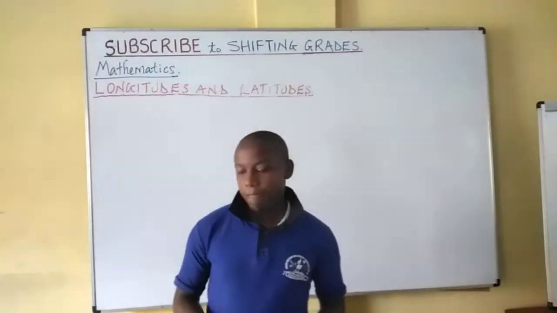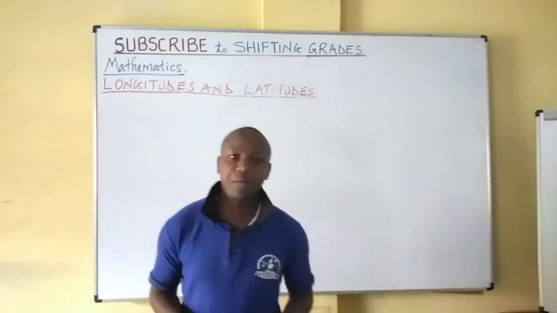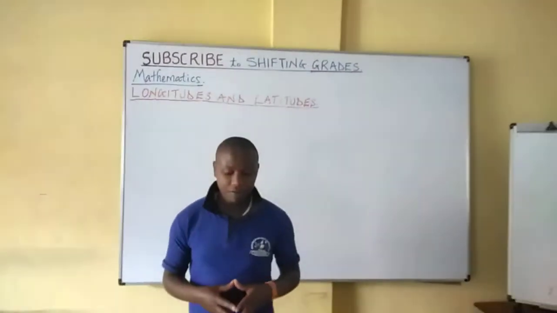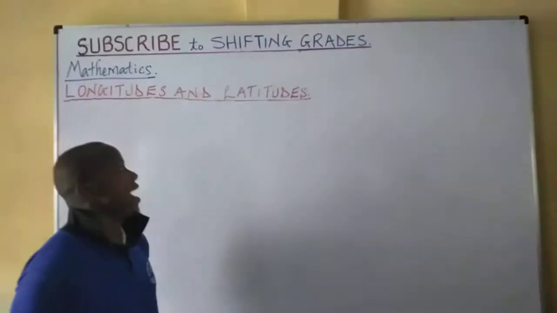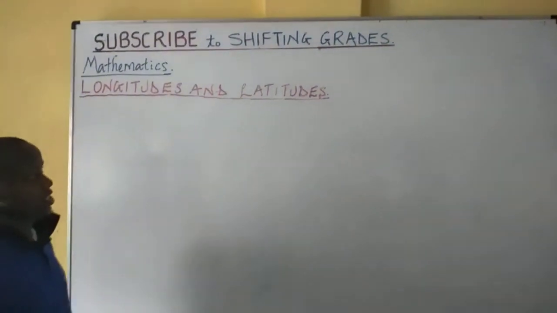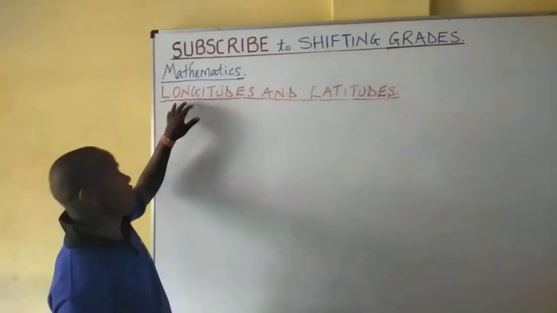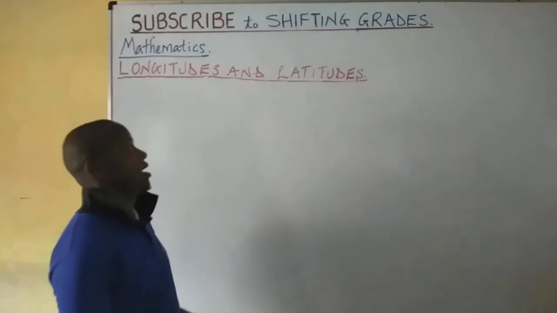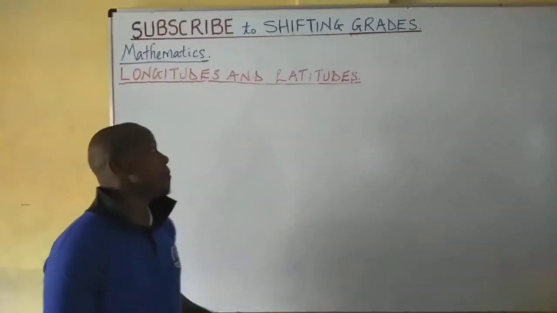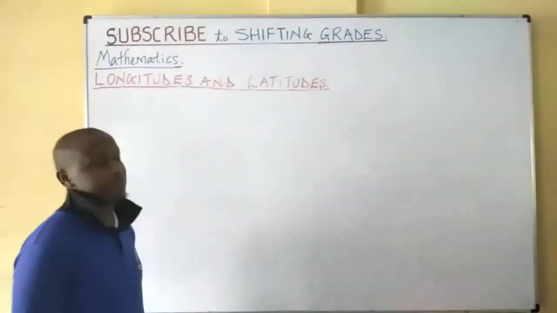Therefore now, I would like us to start another topic, which is a book 4 topic, and the name of this topic is Longitudes and Latitudes. I know we've been hearing the words longitudes and latitudes, maybe from geography or other areas in life.